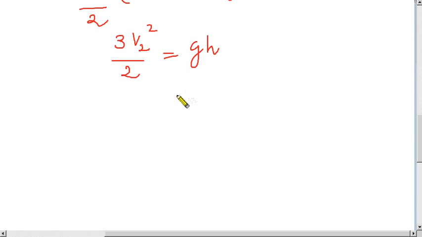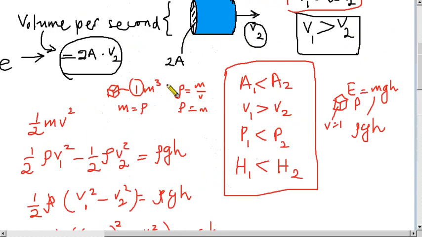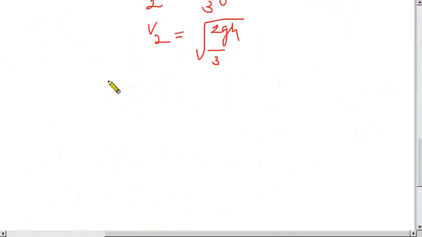What we want is v2, so v2 squared is 2 divided by 3 times gh. Then v2 equals root of 2gh divided by 3. But the final answer we want needs this to be multiplied by 2a. Then let us do it.